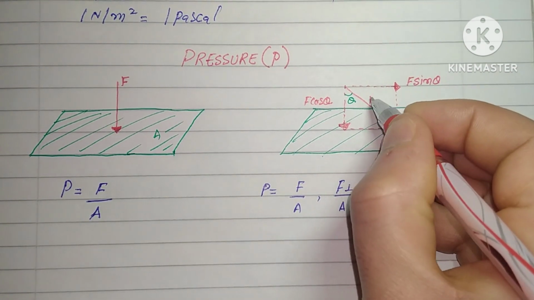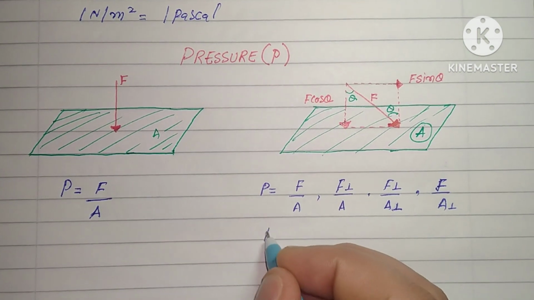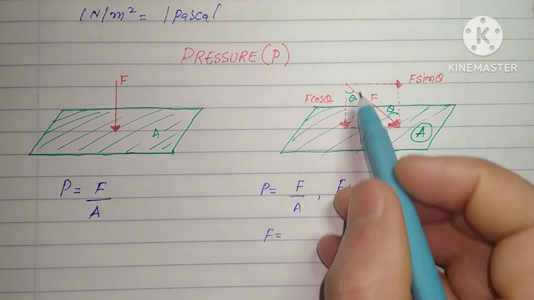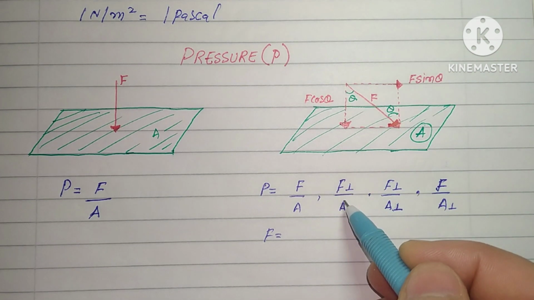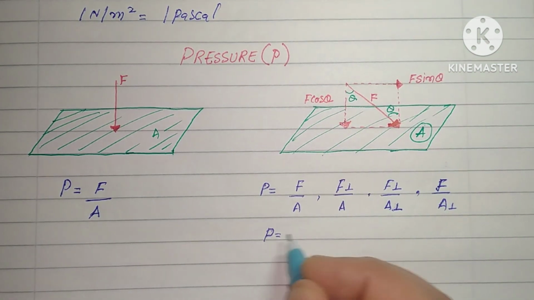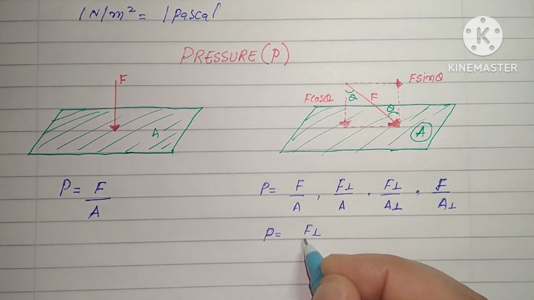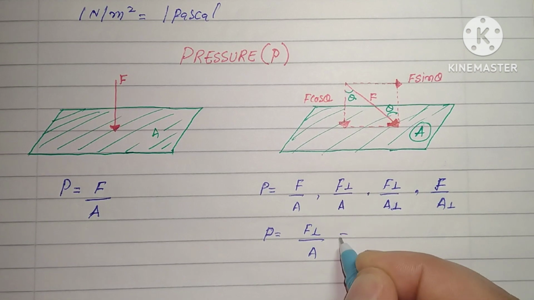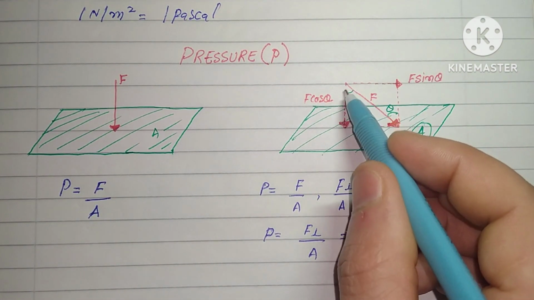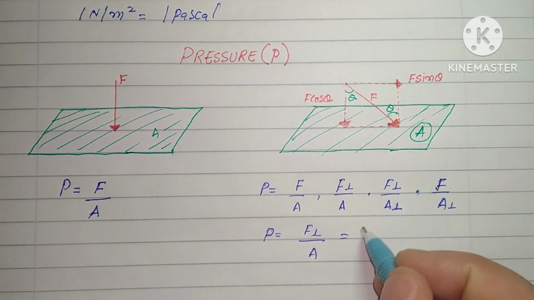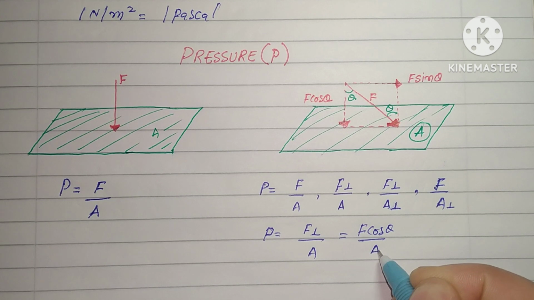And this is total F. The perpendicular component of the force will be used in the calculation of pressure. Therefore the pressure will be the perpendicular component of force divided by area. The force has two components, a parallel component and a perpendicular component. It will be F cos theta divided by area.